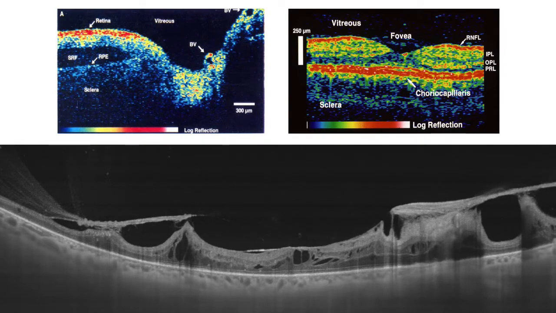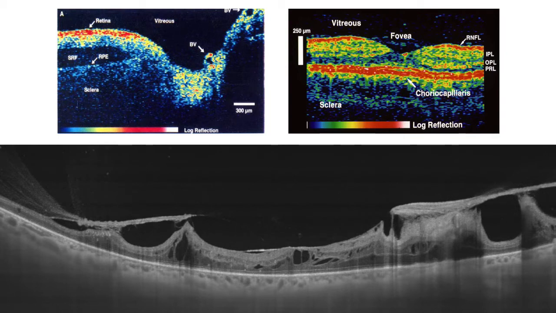And this is really important to understand, because when we talk about the outer plexiform layer, it is a layer which is not generated by a single cellular type, but on the other hand, this is the synaptic connection between more cell types.